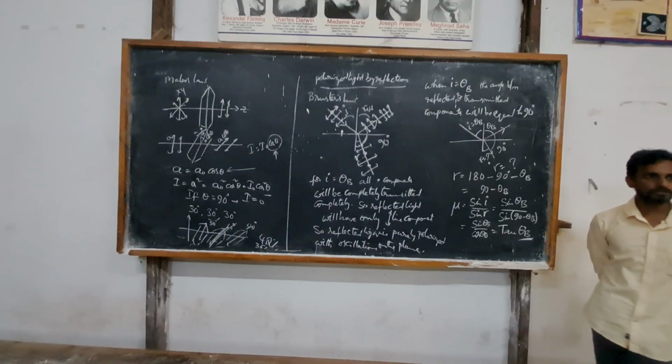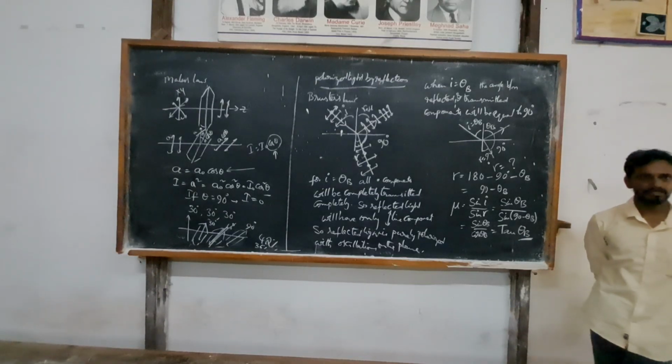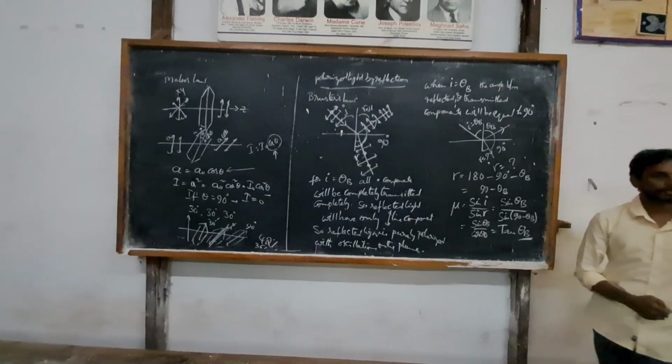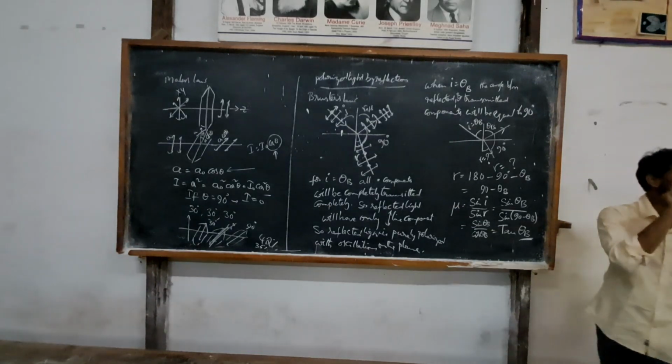So if we know the angle of incidence, we can calculate the refractive index of the crystal, or if we know the refractive index of the material, we can predict the angle of incidence at which the reflected ray is completely polarized.